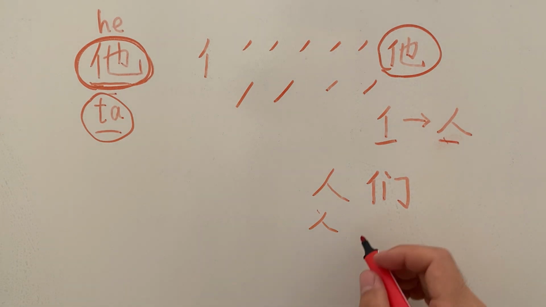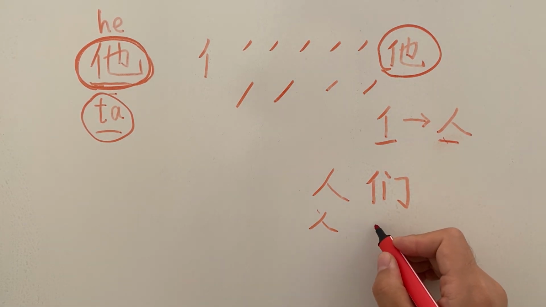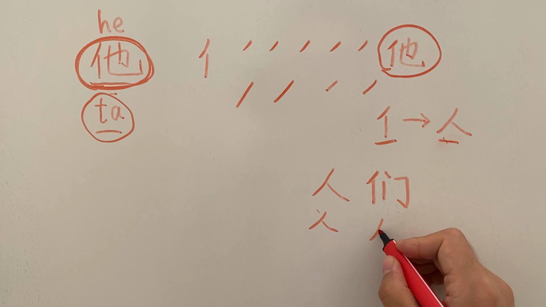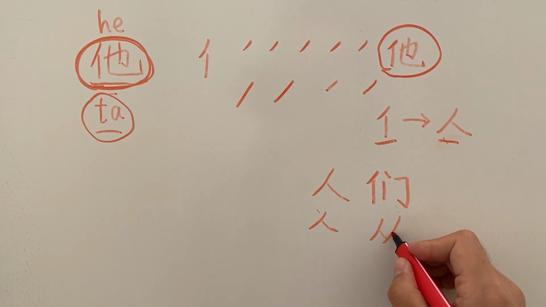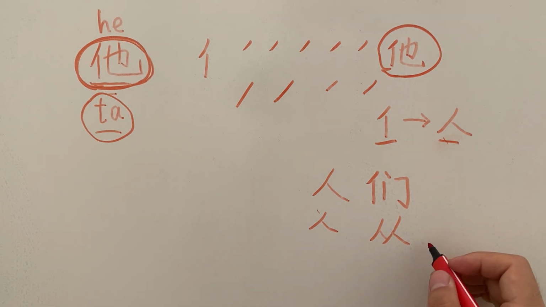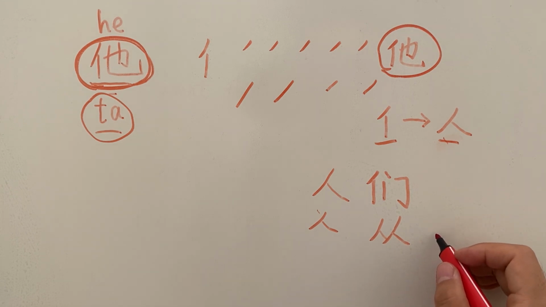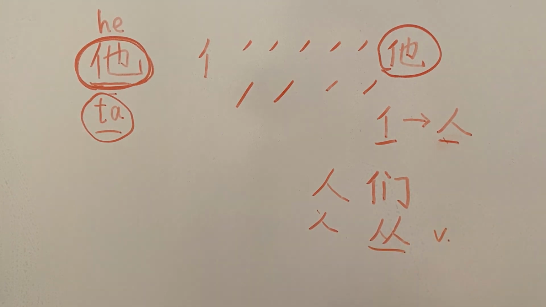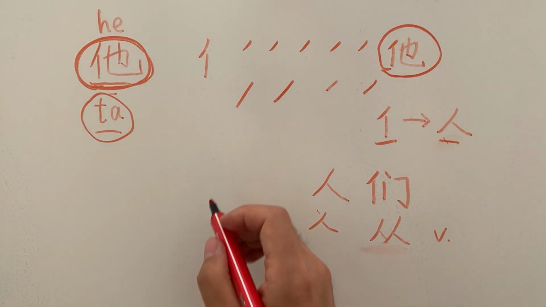And you can write two of these. This is another word, 从, which means to follow, as a verb. Very interesting, right? And you can write three of these.